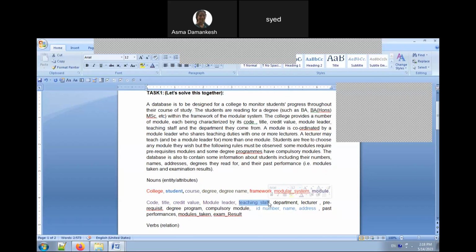It makes sense or no? Yeah, it makes sense. Okay, so I'm gonna make this, did I use orange? So this one, an explanation of the teaching staff, I'm gonna make it orange. What about the lecturer? Isn't the lecturer one of the teaching staff as the explanation goes?